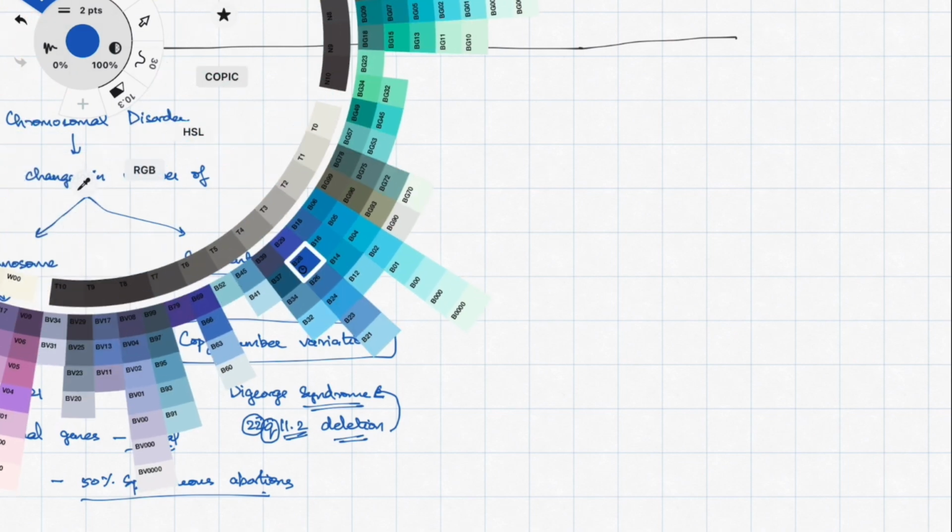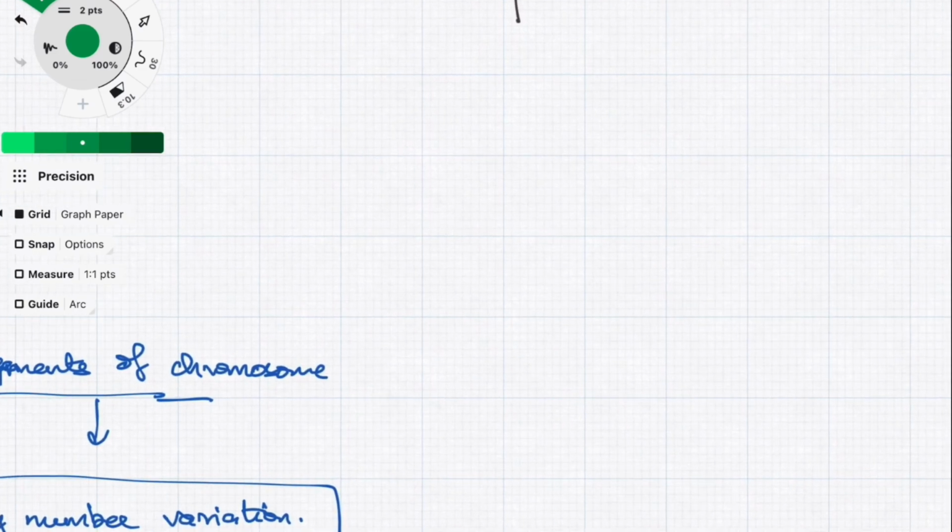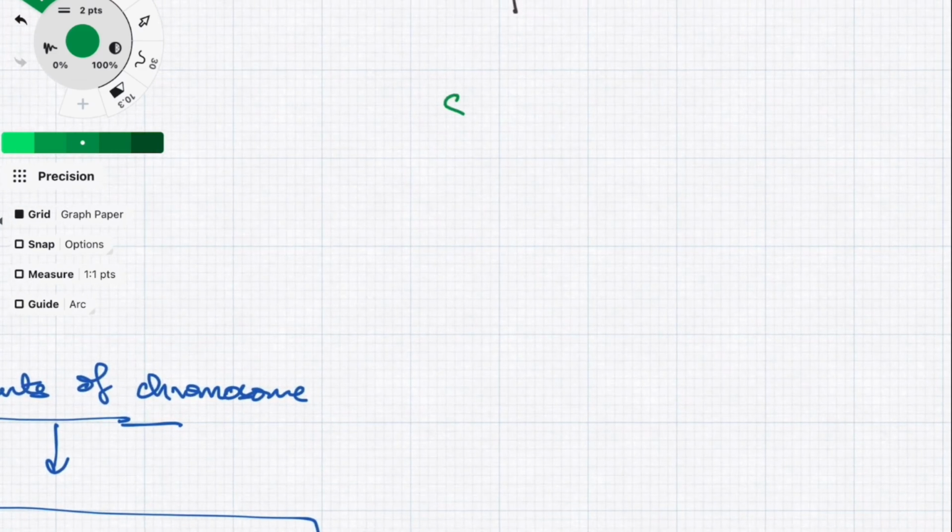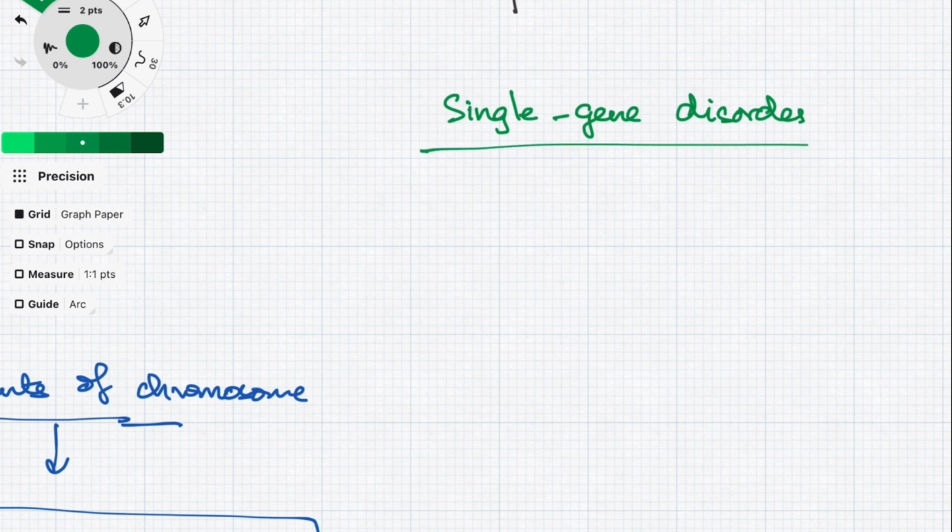Next up, we have something called single gene disorders. Unlike an entire chromosome or segments of chromosome, a single gene is being affected. Only one gene is affected here.